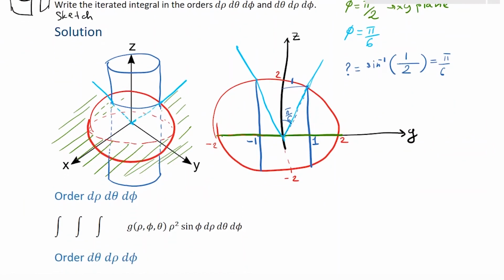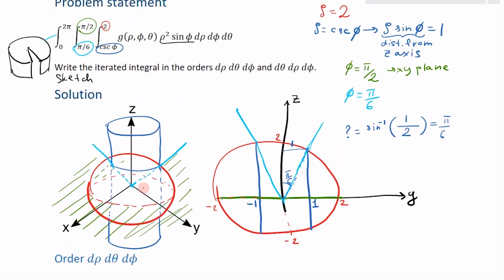Okay, so now to get the shape, we can technically just go ahead and fill in whatever is in between all these surfaces. But I like to do a sanity check. I like to think about how this integration goes. We could start with the inner integral. You don't have to start from the inner integral, but that's an option. Integration over rho gives you rays, where by this time phi and theta are fixed.